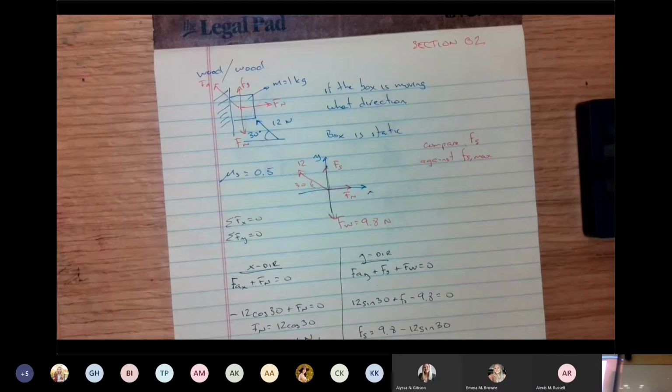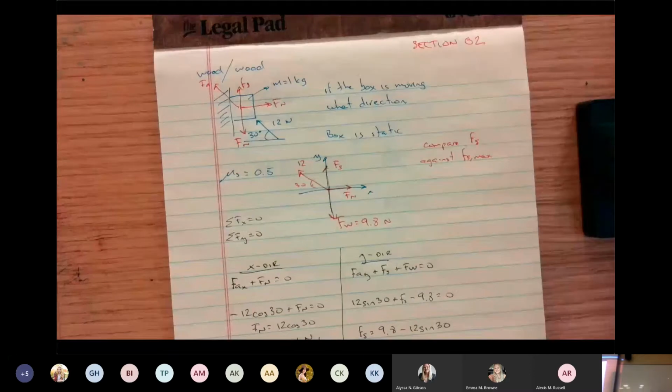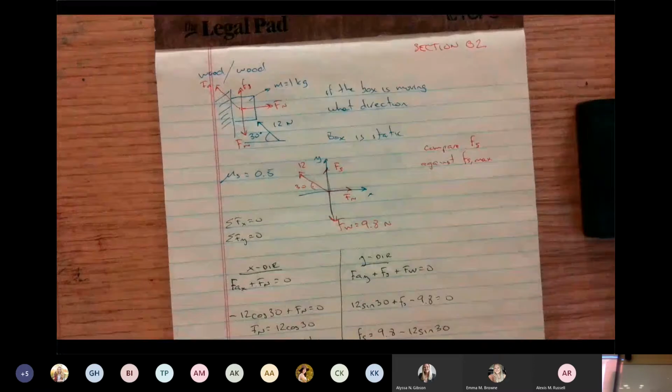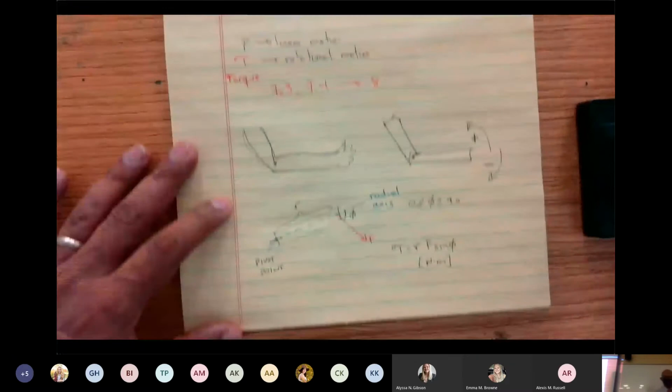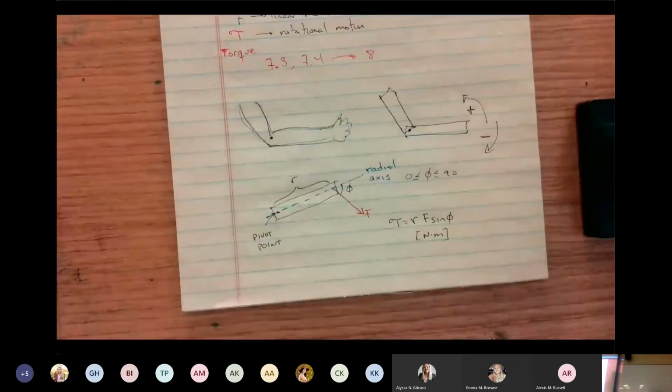Okay, so a couple of things that we were talking about last class. We were talking about torques, and we were looking at torque as a way to describe any kind of rotational motion, the same way that we use force to evaluate when something was moving in a straight line. Every time that something is going to be moving in a rotational way, either you have a ladder that is falling, or you have your arms that are going to be rotating, or someone that is running.